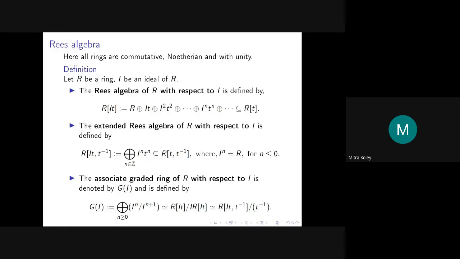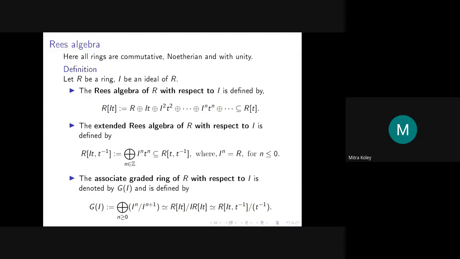Now the third is the associated graded ring of R with respect to I, denoted by G_I. This is also a graded algebra whose zeroth graded component is R/I, first graded component is I/I^2, and n-th graded component is I^n/I^{n+1}, and so on.